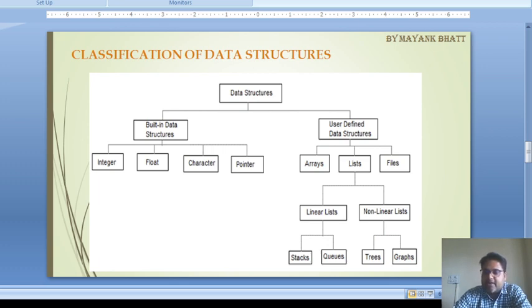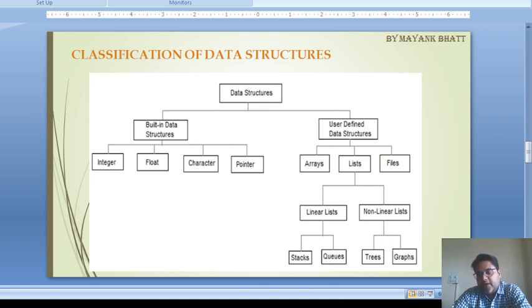The second one is user-defined data structures, and there are two types of user-defined data structures: one is linear data structures and the other is non-linear data structures.